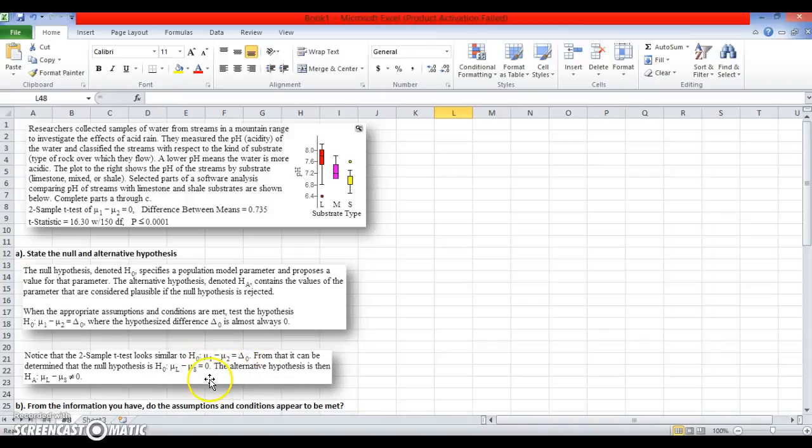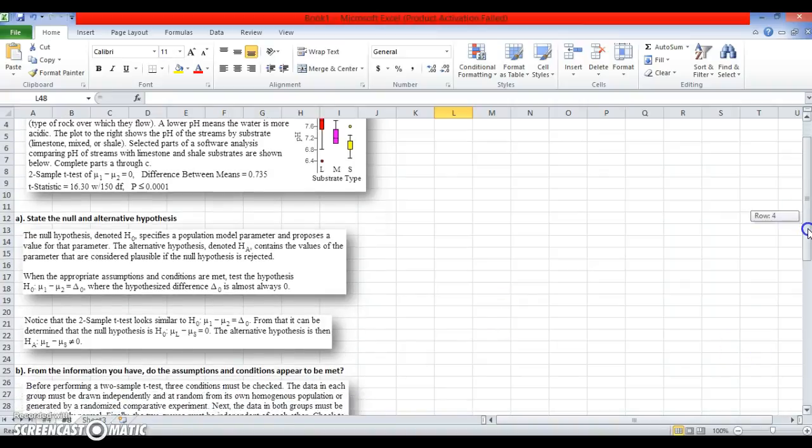From that we can determine that the null is mean L minus mean S equals 0. The alternative hypothesis is then that this same expression does not equal 0. It's very similar, and it's basically showing whether there is a difference between the two. We're extracting information to figure out what the alternative and the null hypothesis are in this case.